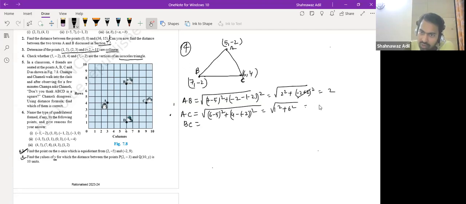What did you get? I got root 37 for AB. AC or AB?